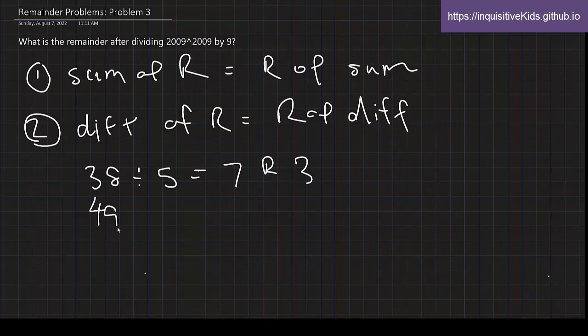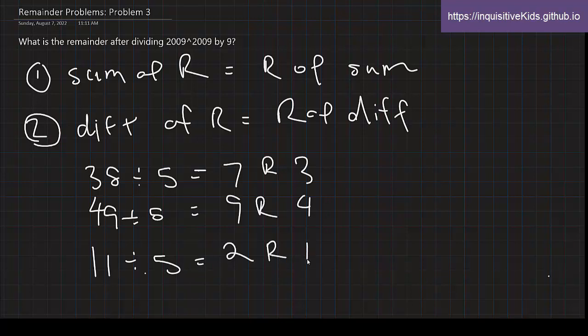And 49 divided by 5 is equal to 9 with a remainder of 4. Now if we were to subtract 38 from 49, we'll get 11. And 11 divided by 5 is equal to 2 with a remainder of 1.